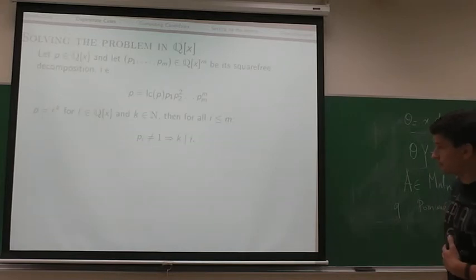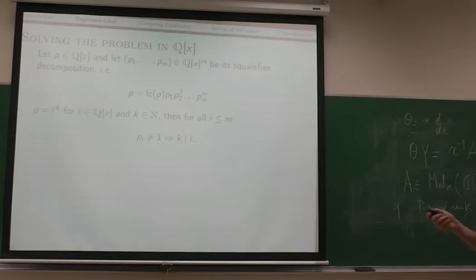And how's that? So what I do is take the square free decomposition of a commutative polynomial, so for example like this. And if p is equal to L to the k for some L, and k is a natural number, then for all the indices i in my square free decomposition, it has to hold that pi is not equal to 1 only if k divides i.